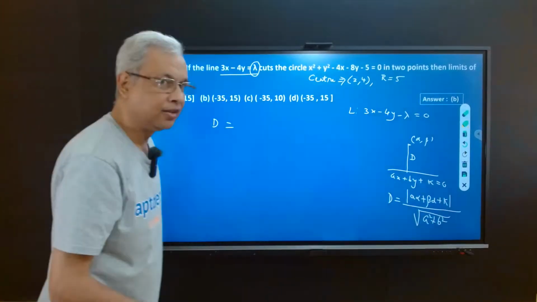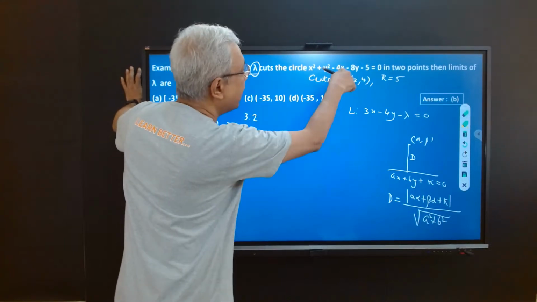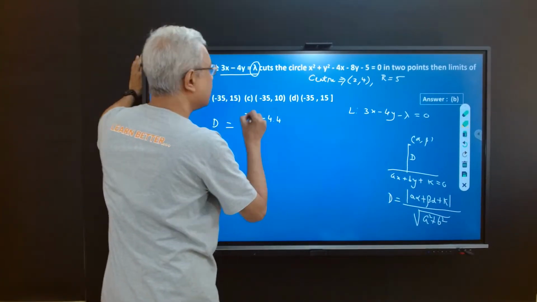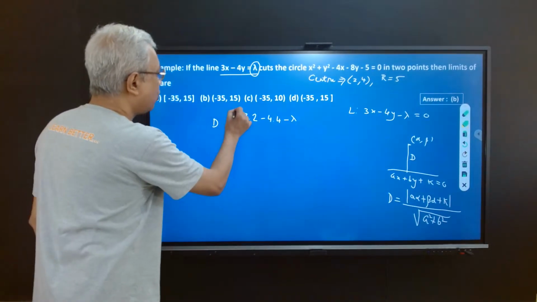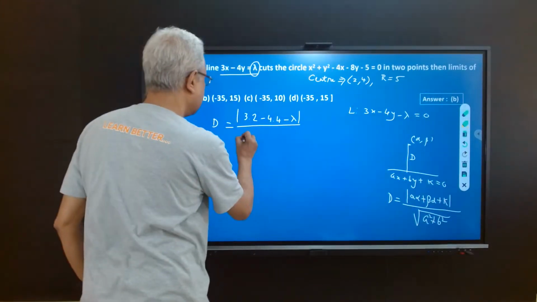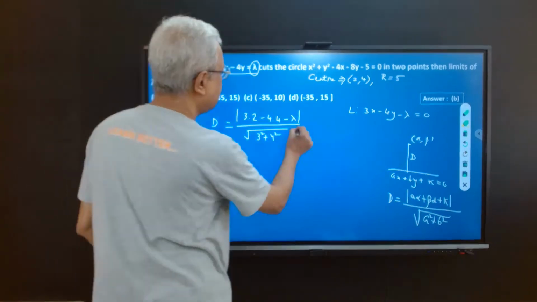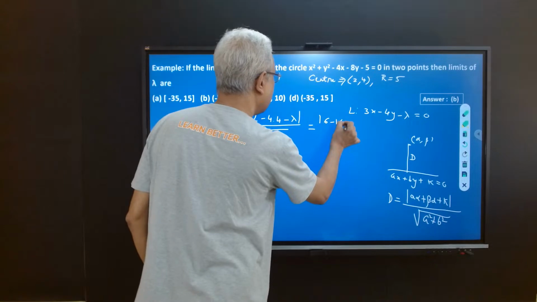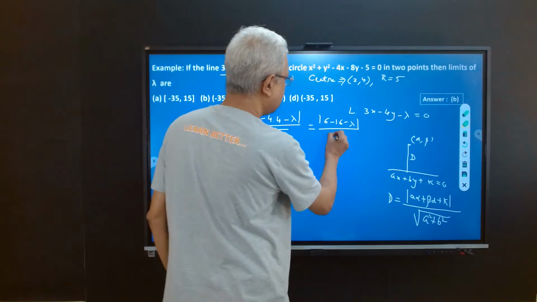You recall that? So what is this in our case? It is 3 into 2 minus 4 into 4 minus lambda, mod of that, divided by square root of 3 square plus 4 square. So 6 minus 16 minus lambda, mod, divided by square root of 9 plus 16, 25, square root of that is 5.